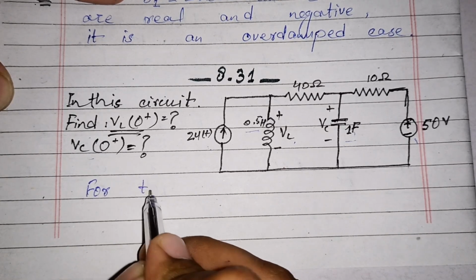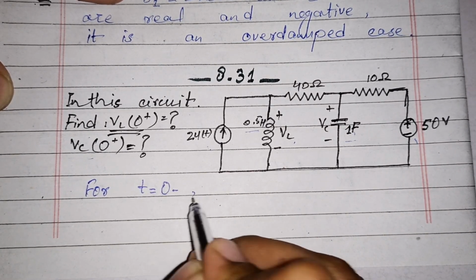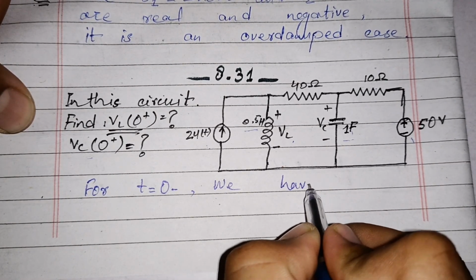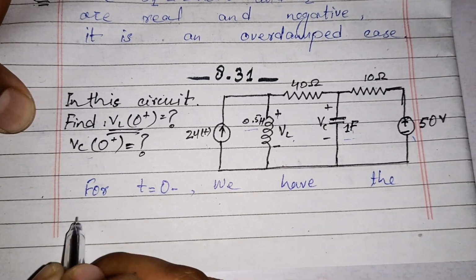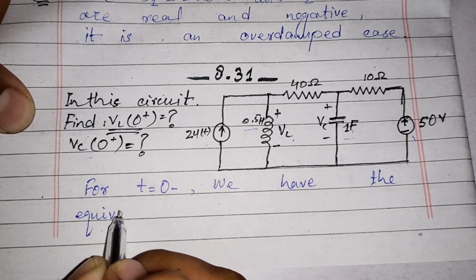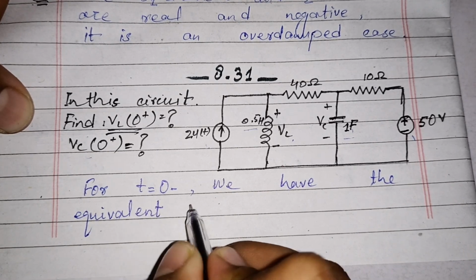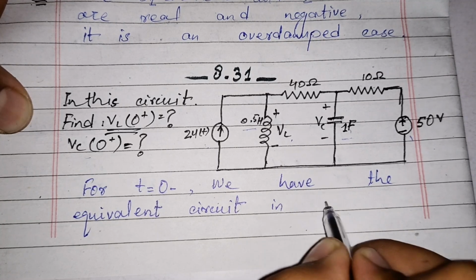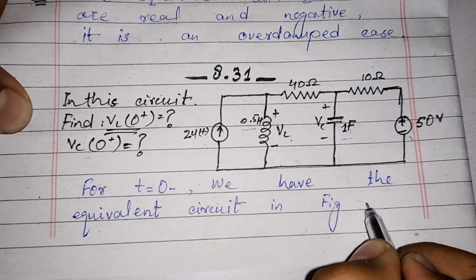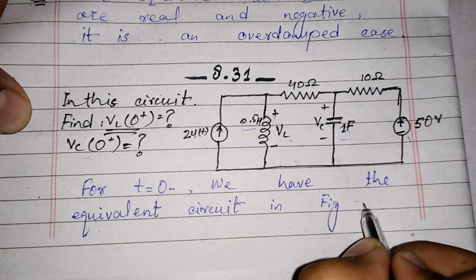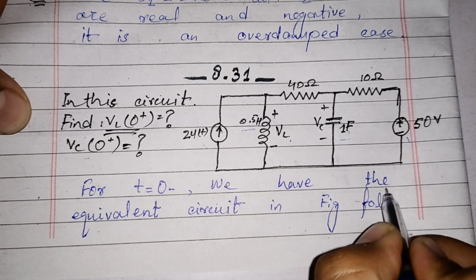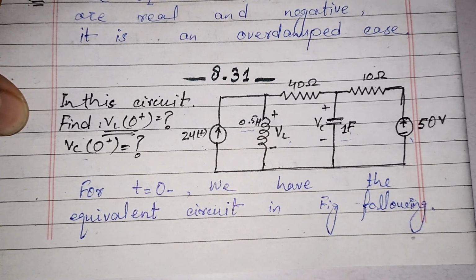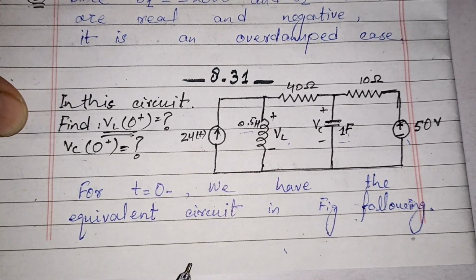For t equal to 0 negative, we have the equivalent circuit in the following figure, which will be drawn on the next.